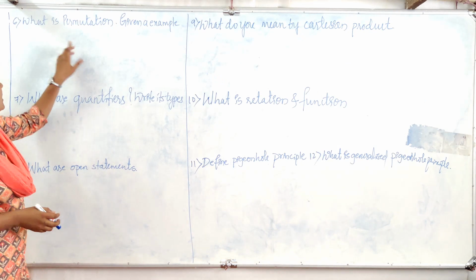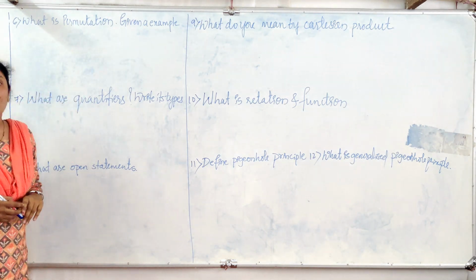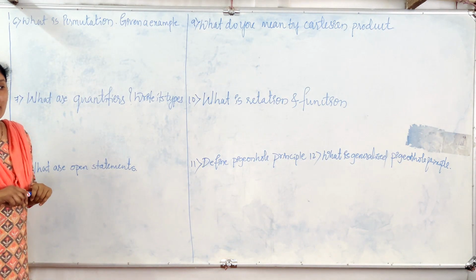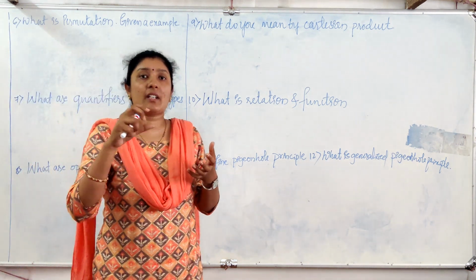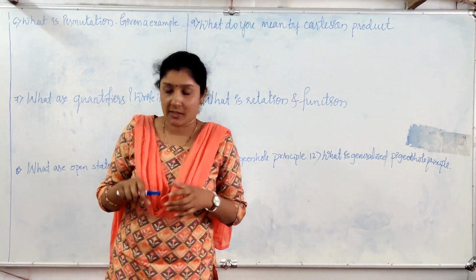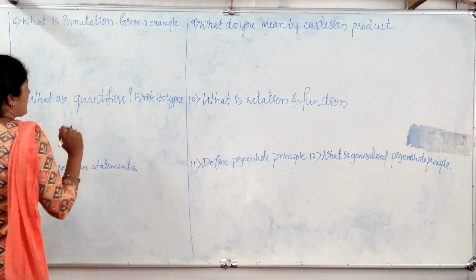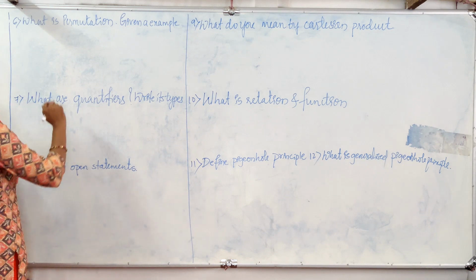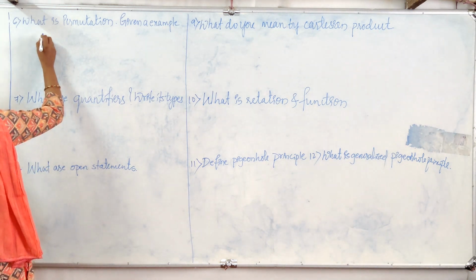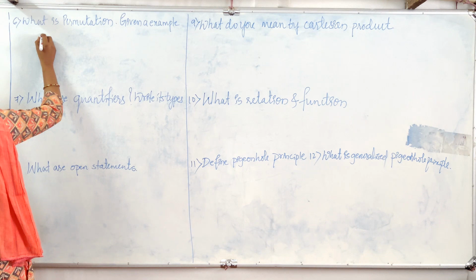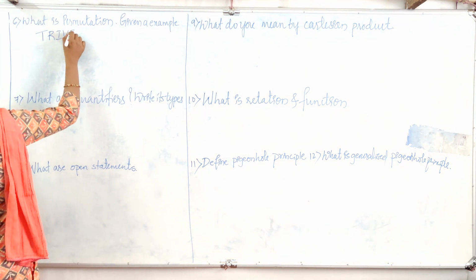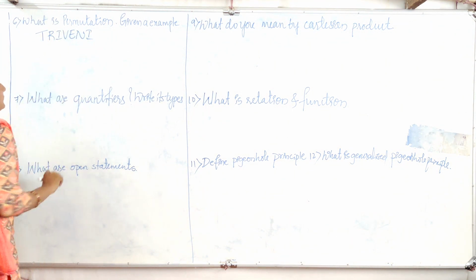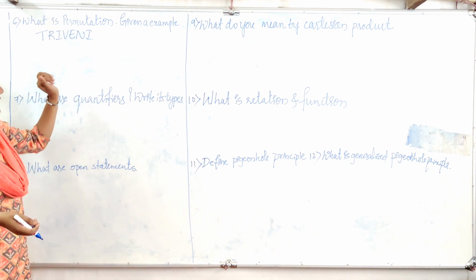Now, the next question is, what is permutation? Give an example. So, permutation means what? It is a technique of arrangements of the given objects. For example, consider a name, Triveni.